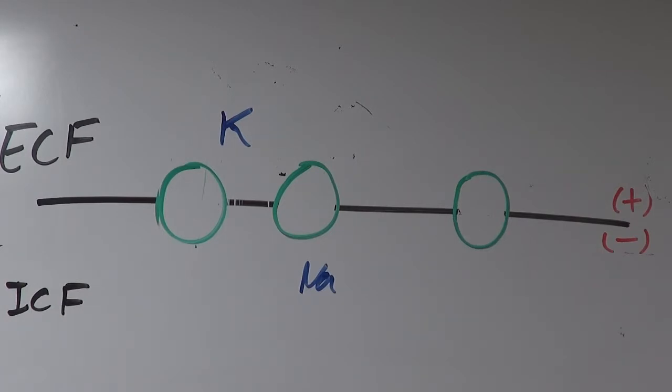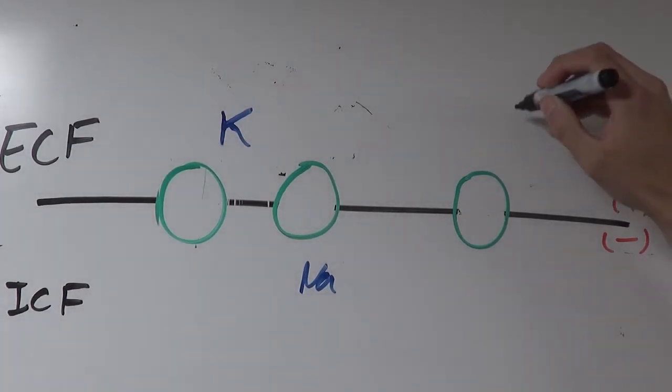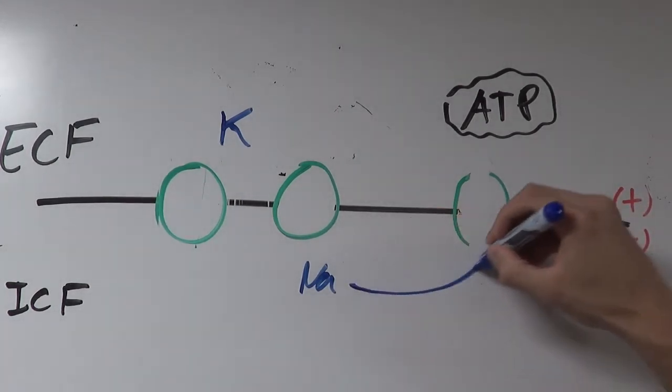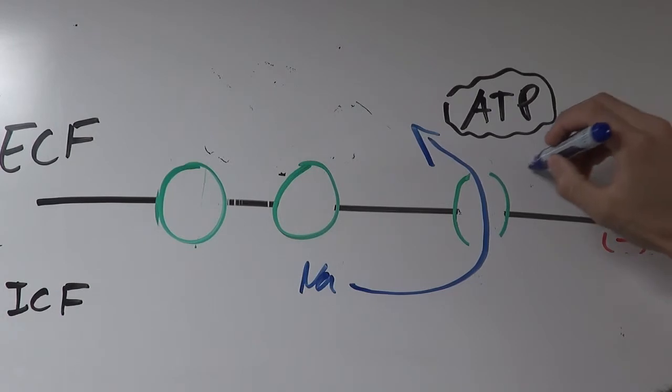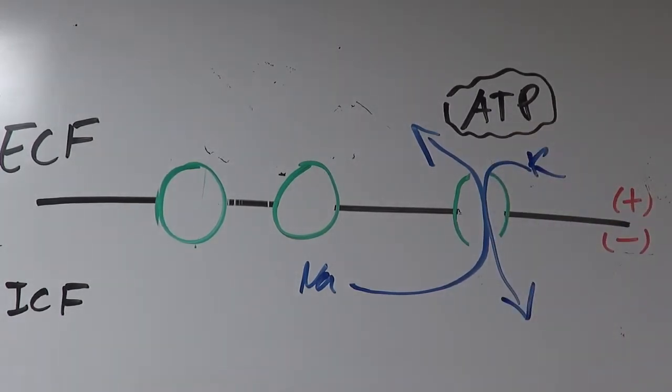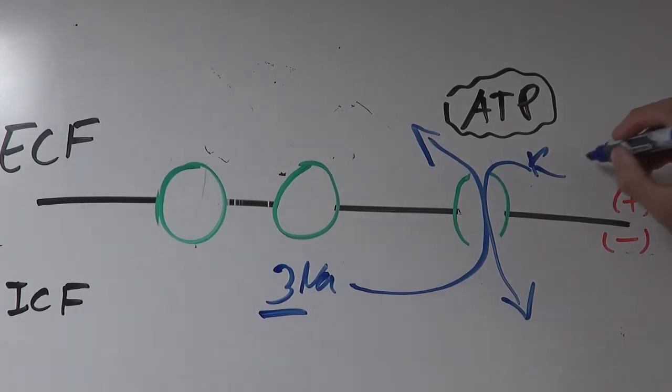And this process requires ATP. So ATP must be present, and this sodium-potassium pump will pump out sodium and pump in potassium at a rate of 3 sodium for every 2 potassium.